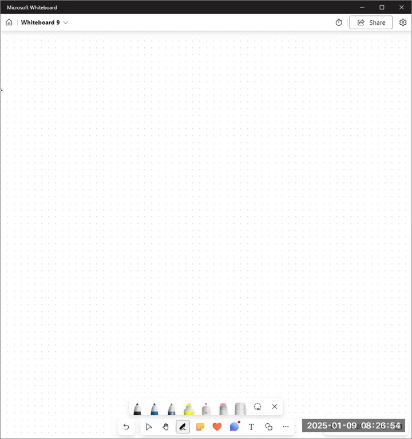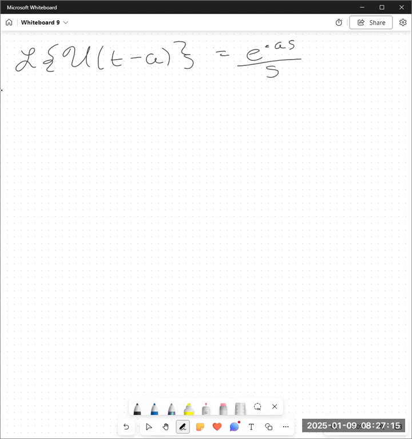So when we take the Laplace transform of the unit step function of t minus a, that's going to be equal to e to the negative as over s.